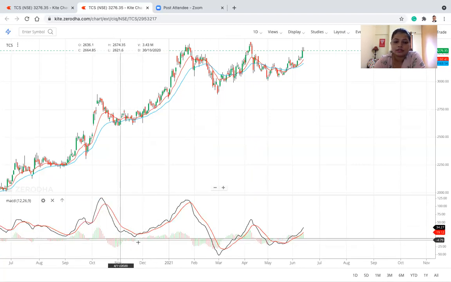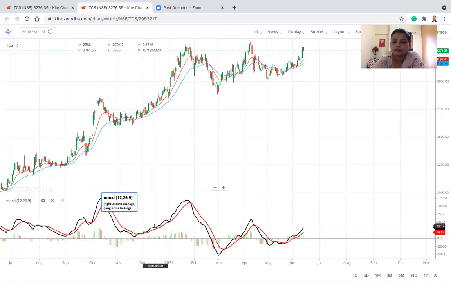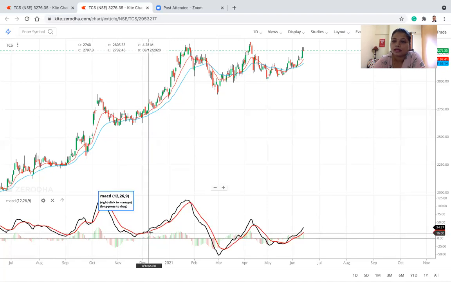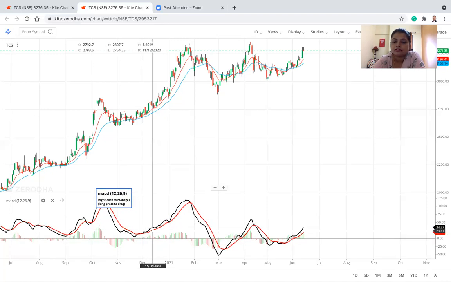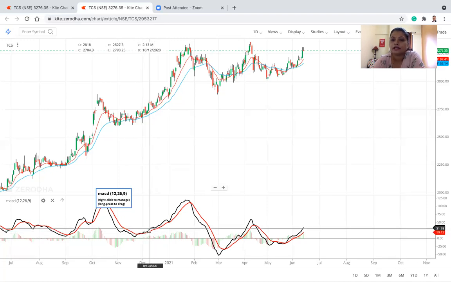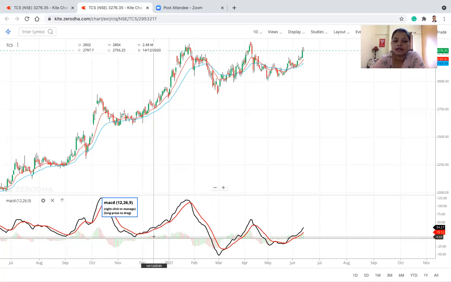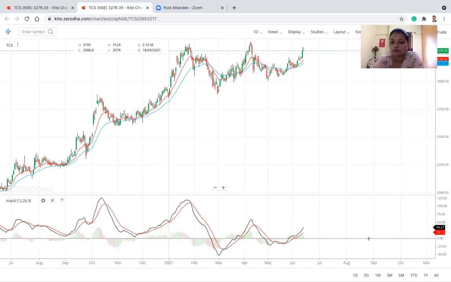The MACD histogram calculates the difference between the MACD line and the signal period line, which are the black and the red line. As and when the difference is positive, the MACD line is above the red line, and the histogram bars will start forming above the 0 level, which is here.